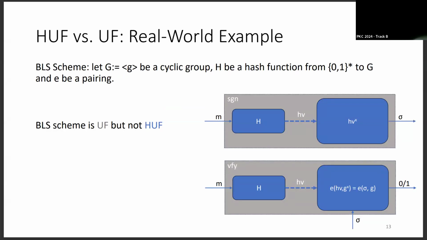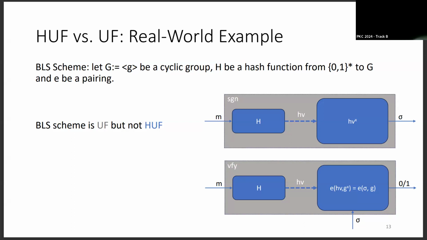So just to recap how BLS works. You define a cyclic group G. You define a hash function that maps arbitrarily long messages into group elements. And then you have a pairing e, and the signing works as follows. You hash the message and the hash value is raised to the x, which is the secret key here.